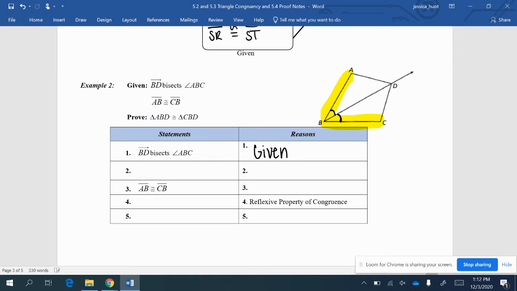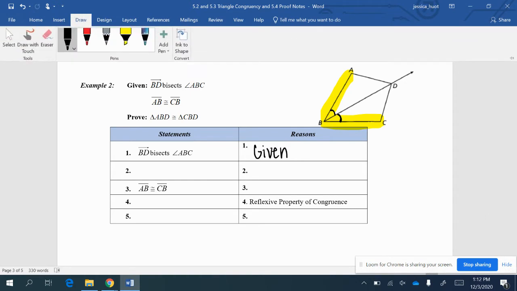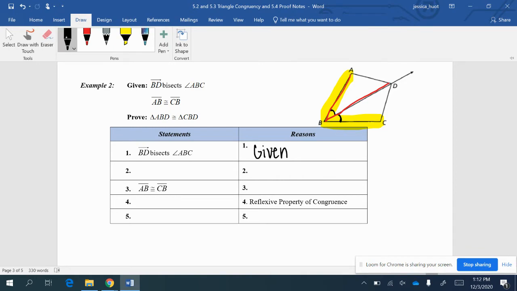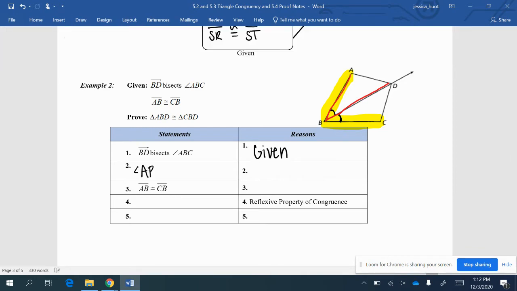When I go to name it, I can name it as angle ABD is congruent to angle CBD. And that is the definition of angle bisector.